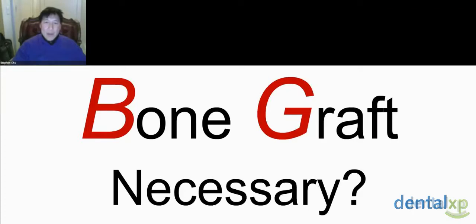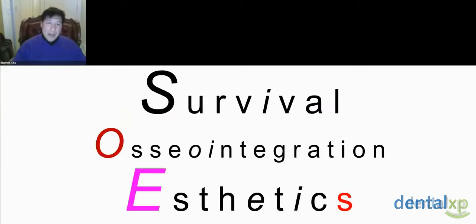When you think about bone grafting around an immediate implant in a fresh socket, there are three main issues that arise, and they are very distinct from one another. Does bone grafting around the implant really improve survival rates?